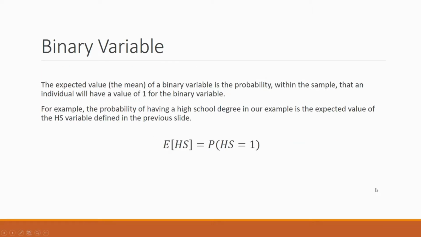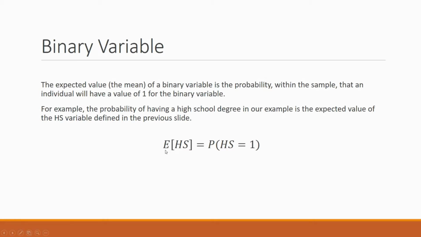That's kind of review. But now let's go a little bit beyond that. The expected value, or the mean, the average, of a binary variable is the probability within the sample that an individual will have a value of 1 for the binary variable. Let me demonstrate this.